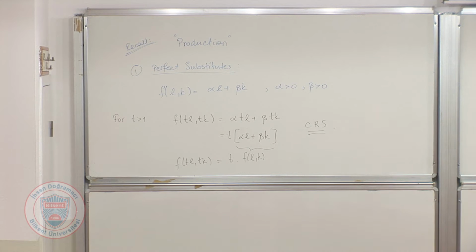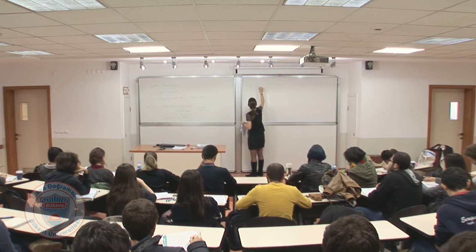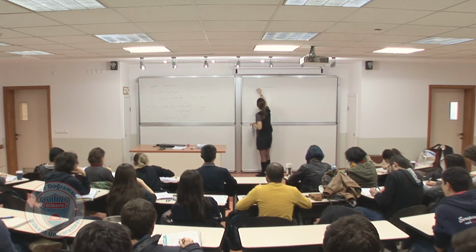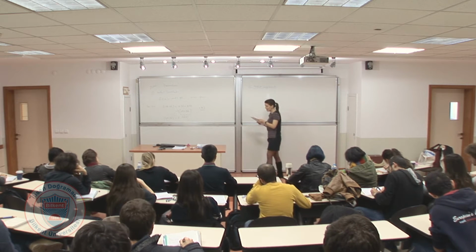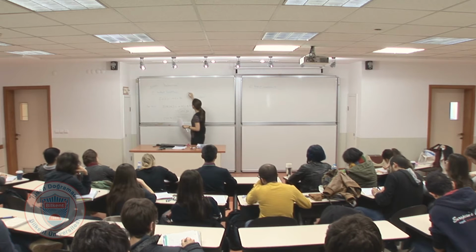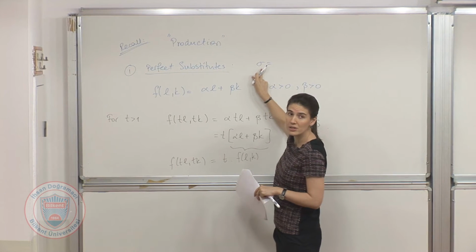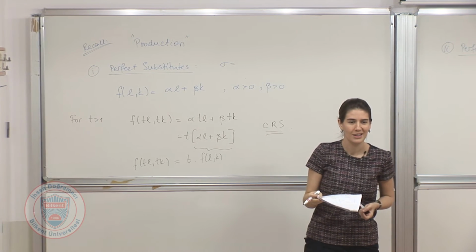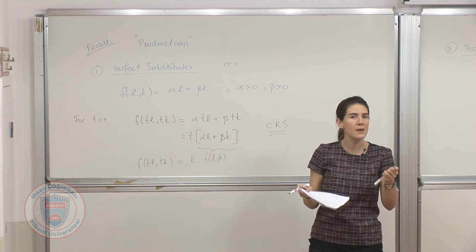Okay. Then we had the other case, remember, it was perfect complements. So in the case of perfect complements and also for perfect substitutes, remember we said the elasticity of substitution. For the perfect substitutes, they're perfectly substitutable, right?